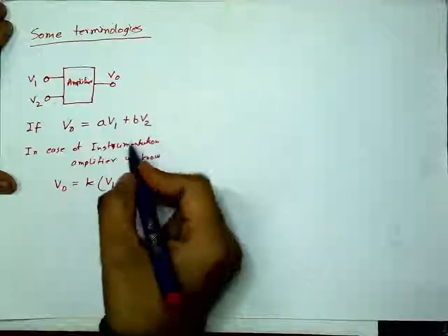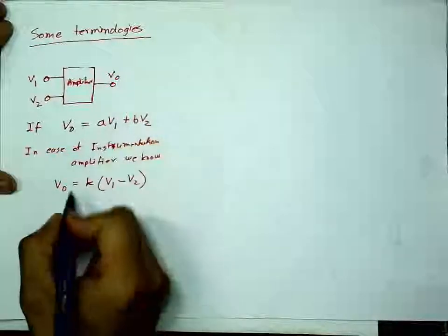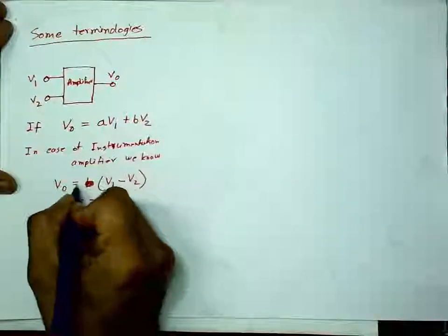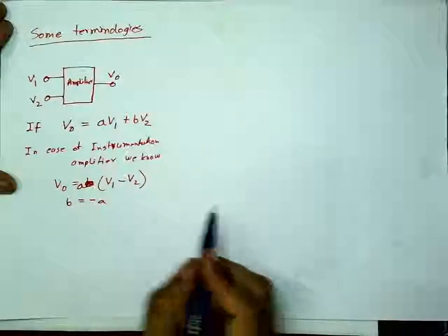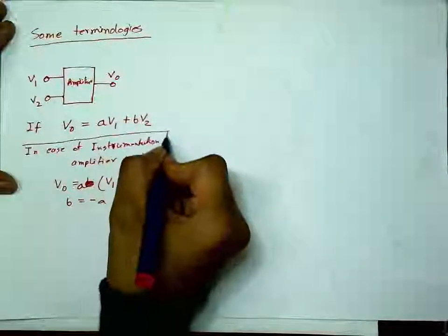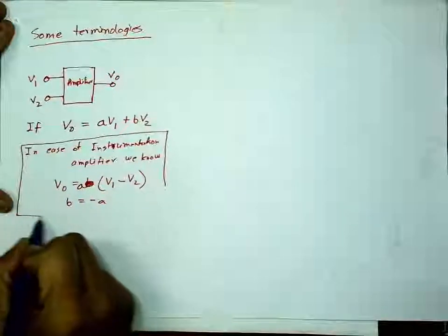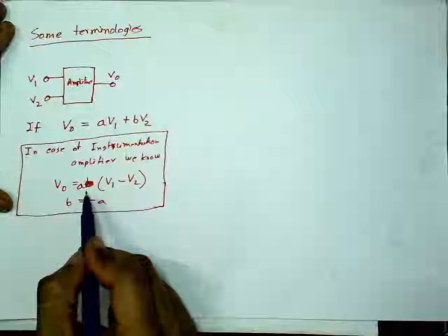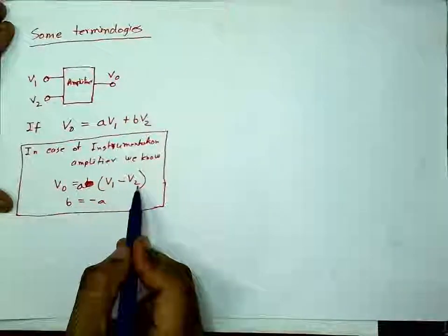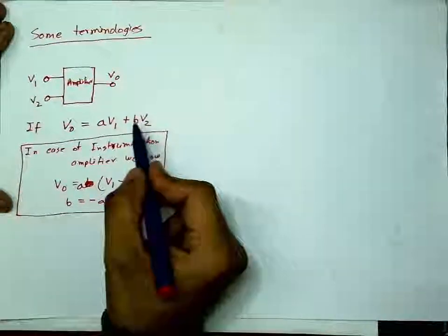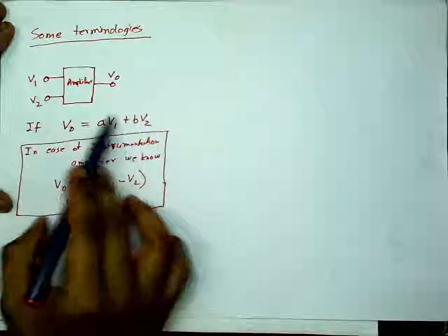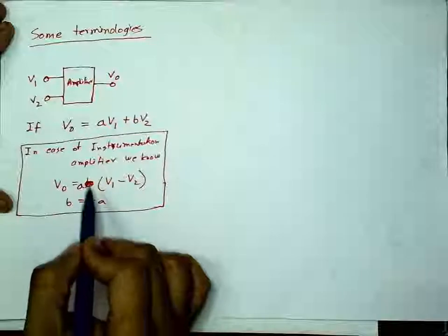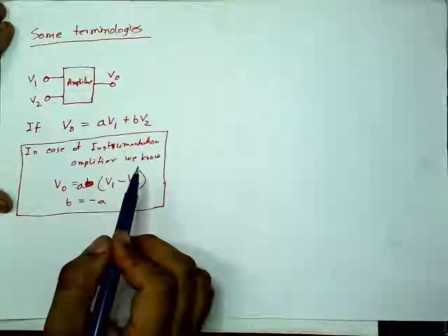So in case of the instrumentation amplifier, B will be equal to minus A. This is a special case: VO is some amplification factor times V1 minus V2. In this more general form, B has to be minus A for this special case.